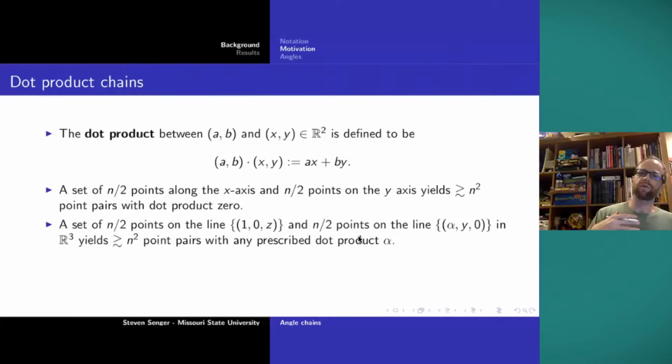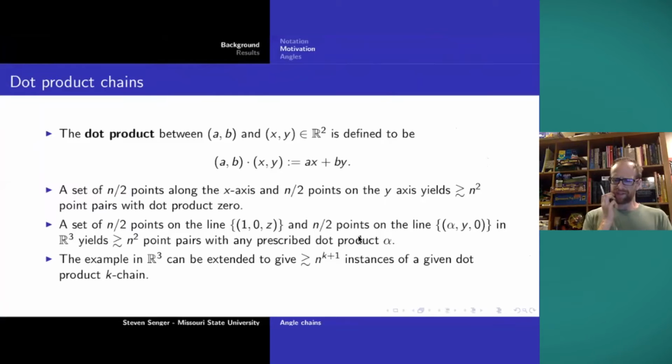The length example squashed the distance problem in 4 dimensions. The dot products problem actually gets squashed a dimension lower. In 3 dimensions, there's what I'm going to call a length type example, which says that you can get n squared occurrences of a dot product in 3 dimensions. Moreover, you can extend this to give n to the k+1 instances of a particular dot product k chain.